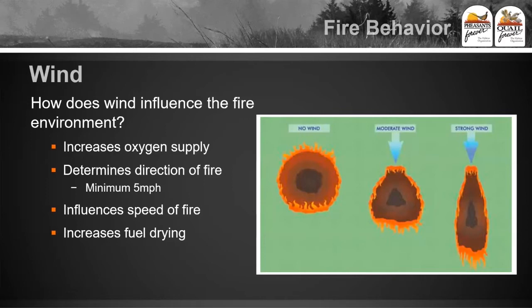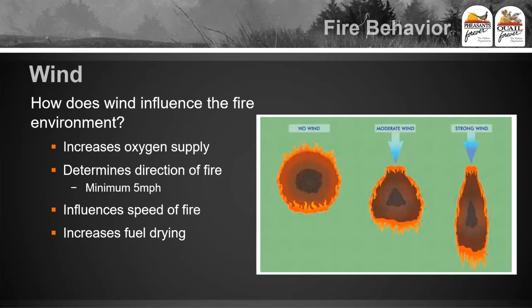A lot of times we see people go out in the evening after the wind dies down, and they think that's the best time to start a fire. That may be true in other parts of the country or world, but in Nebraska, I always want to have at least a 5-mile-an-hour wind because it determines direction. Think about a no-wind situation. You go out and light a fire, and we've seen this happen 100 different times.